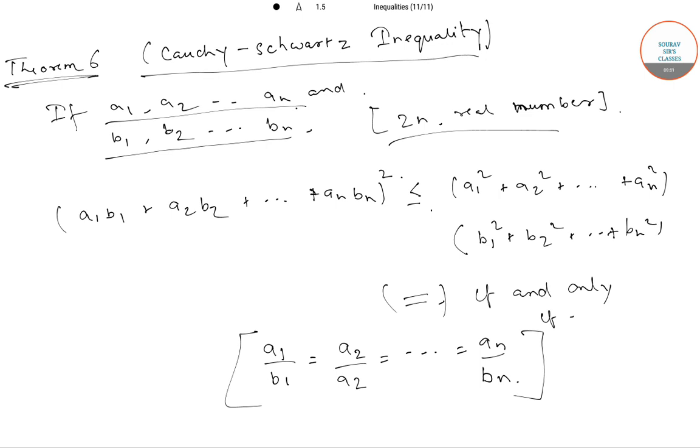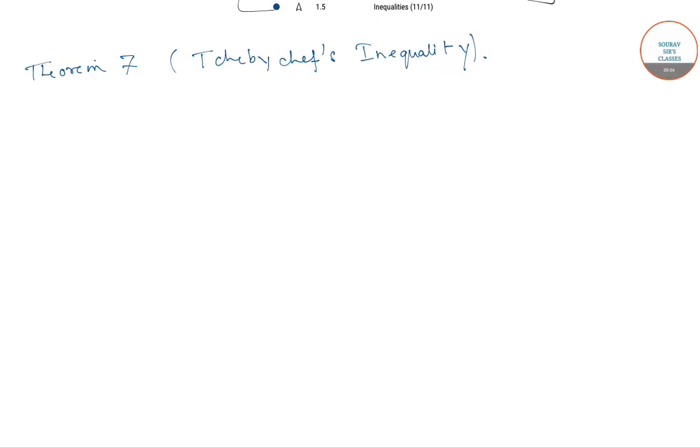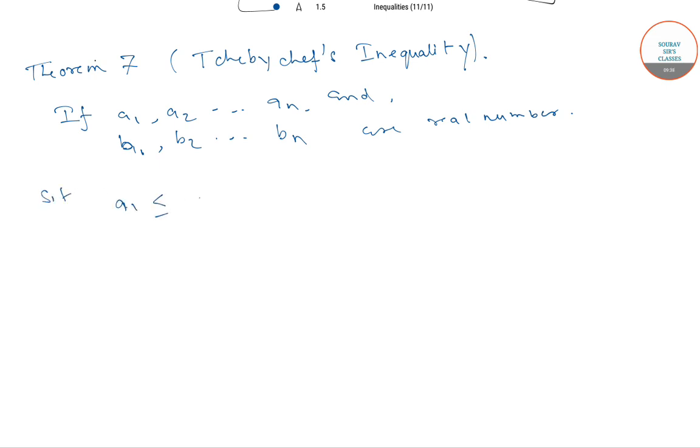Now we will go to the next theorem. Next we have Chebyshev's inequality, which says that if a1, a2, so on till an, and b1, b2, so on till bn are real numbers such that a1 is less than or equal to a2 is less than or equal to a3, so on till less than or equal to an.